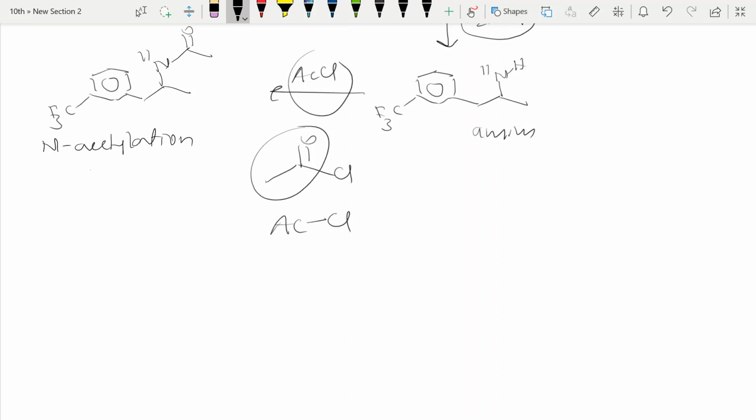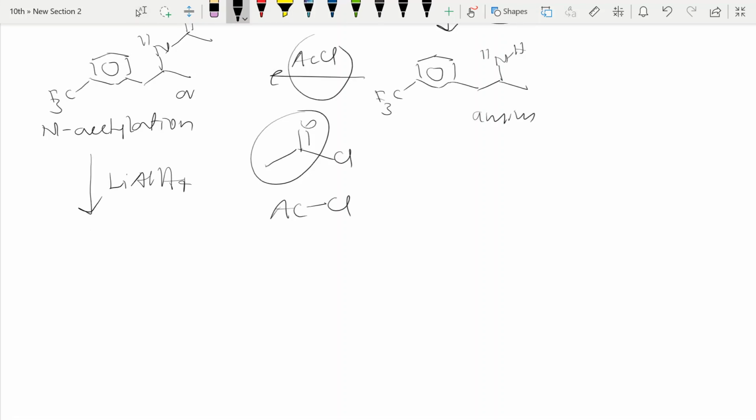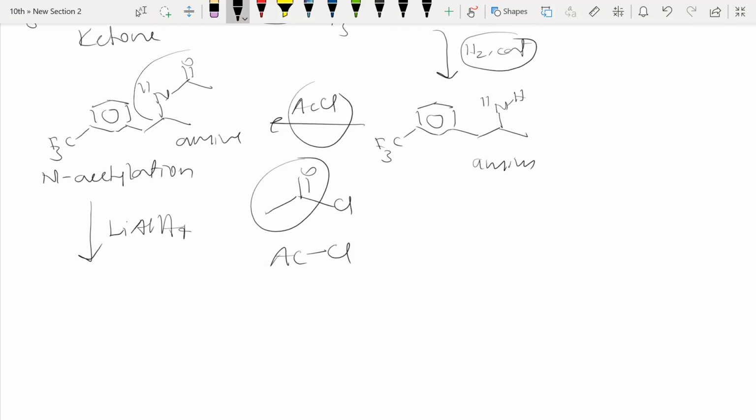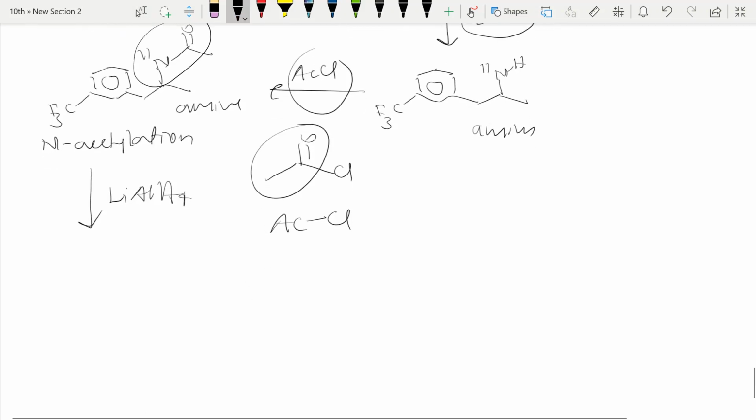So what I will do is reduce it with LiAlH4, amides will be reduced to amine. So this is nothing but an amide. Amide means NHCO, this group is called the amide group. So it will be reduced to amine now. I hope you are understanding it.